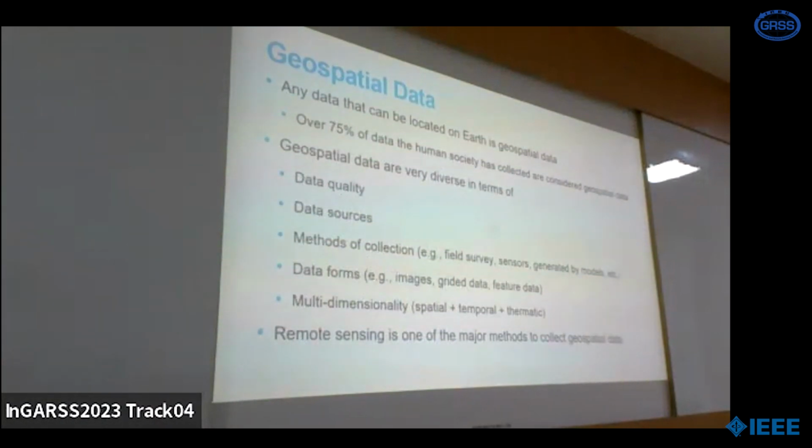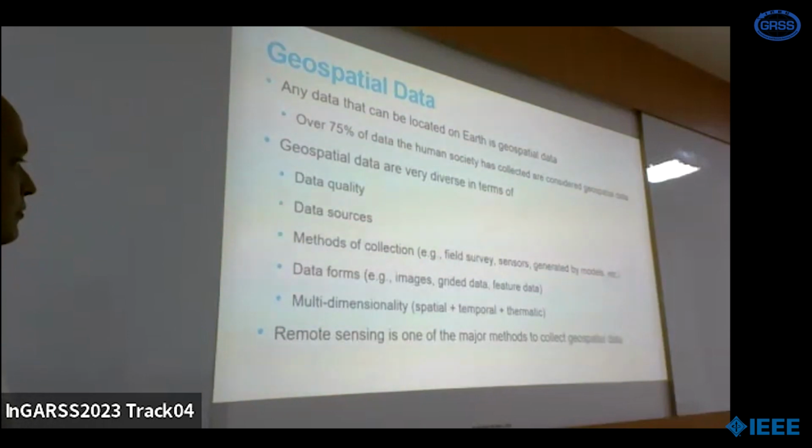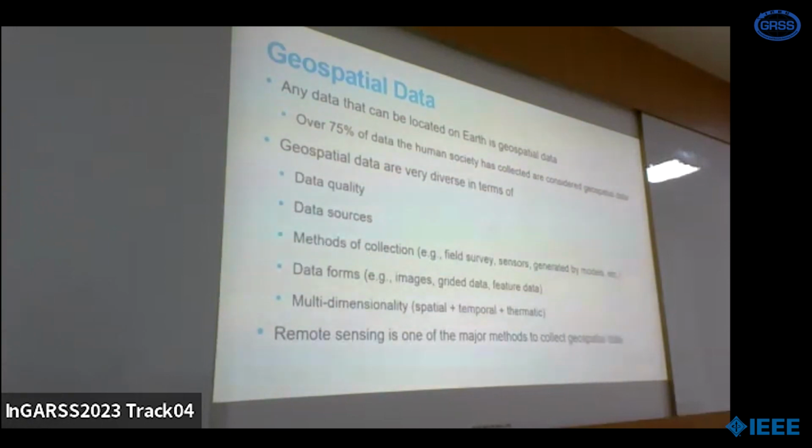According to the common definition, geospatial data is data that can be located on Earth. Because we are living on Earth, almost all data we generate are geospatial data. According to statistics, over 75% of the data that human society has collected are considered geospatial data. Geospatial data have some very special features.